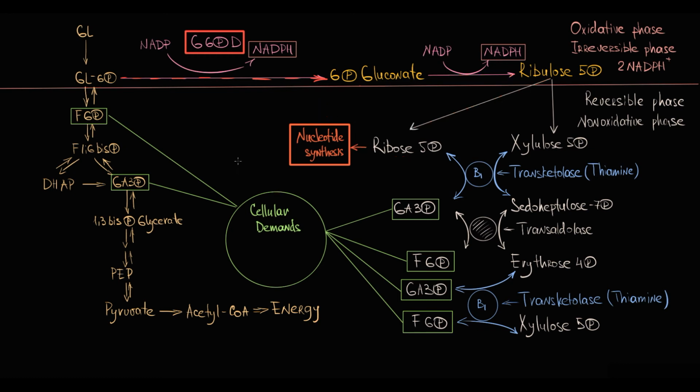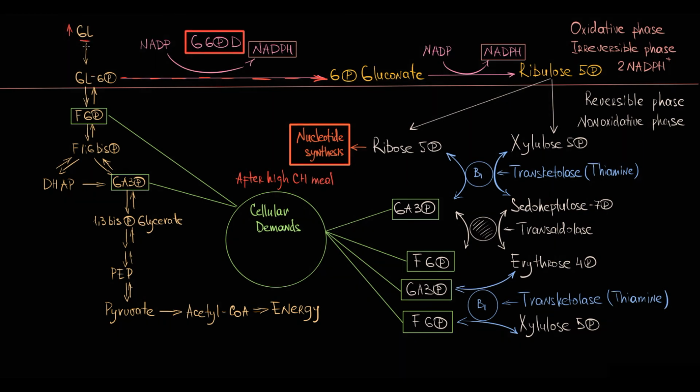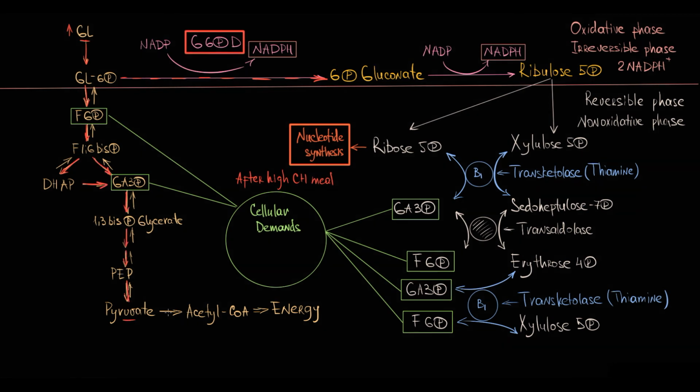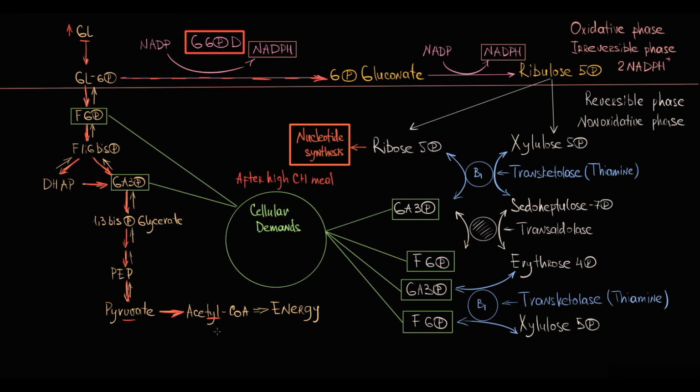Because, for example, after the intake of a high-carbohydrate meal, a lot of glucose molecules enter the cell. Glucose undergoes glycolysis, producing pyruvate molecules, which are then converted into acetyl-CoA, and in an energy-saturated state, tissue does not require additional energy.